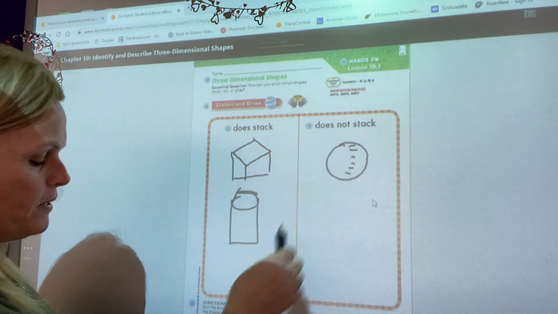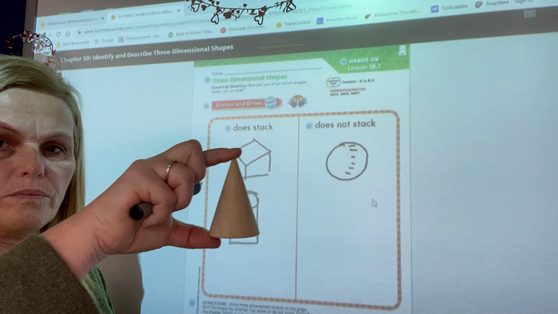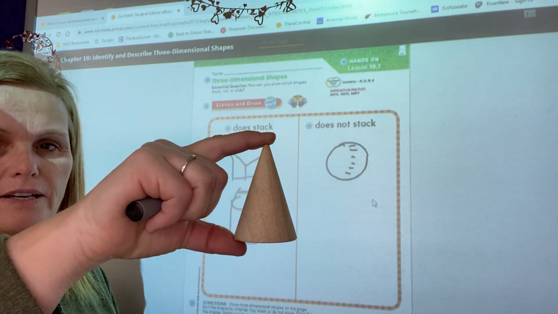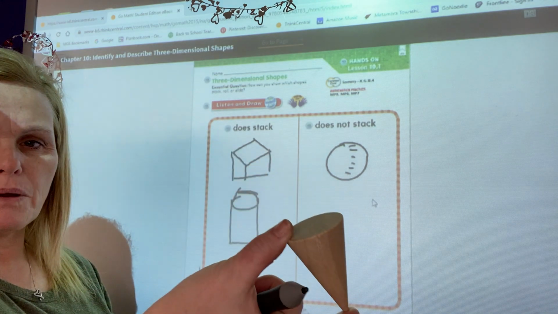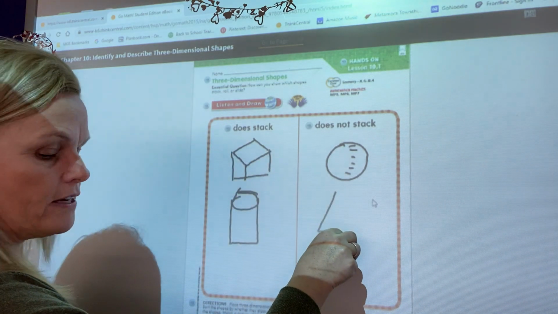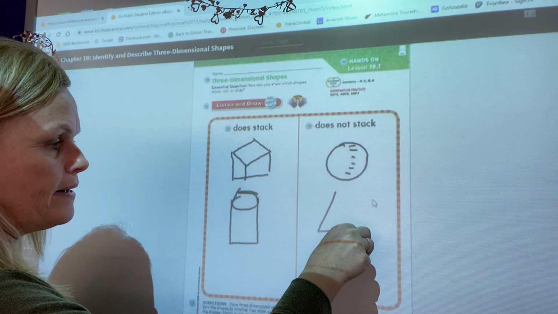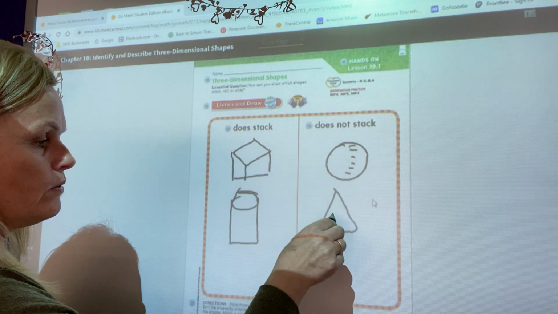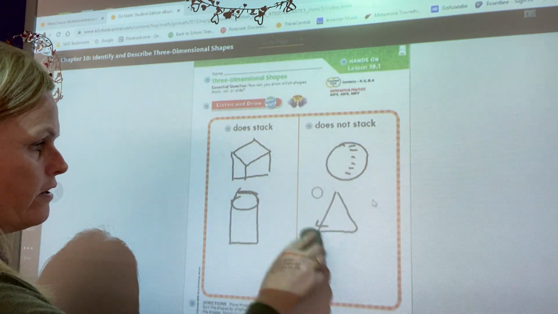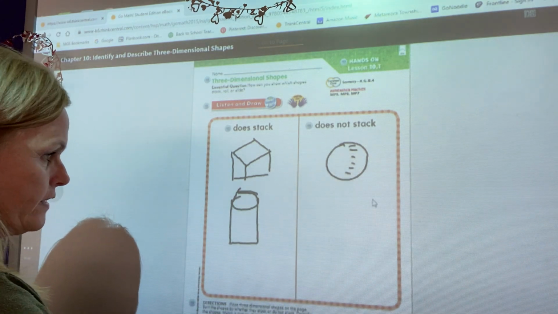The other one would be this one here, which kind of looks like a teepee or a hut of some sort. This one we're going to call the cone. If you notice, it's kind of shaped like a triangle, only it has some curved surfaces. Oh, sorry, this is gonna drive Miss Vogel nuts.